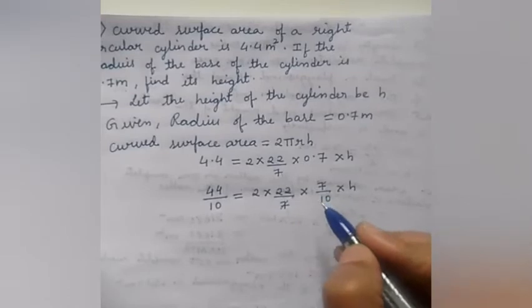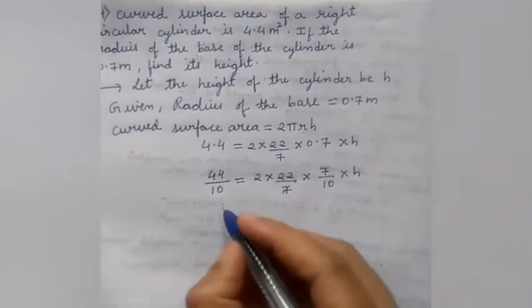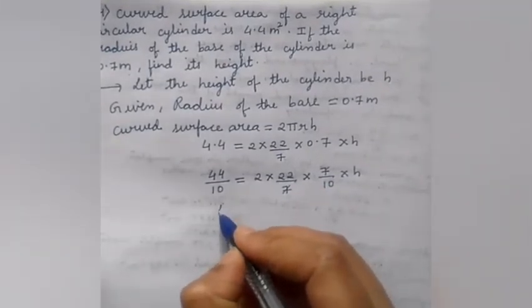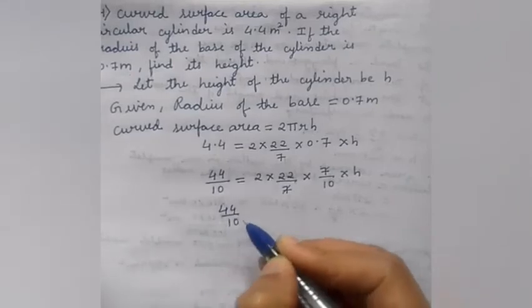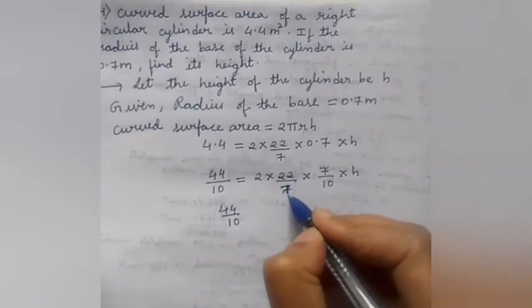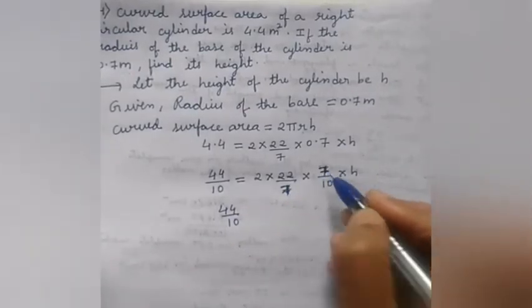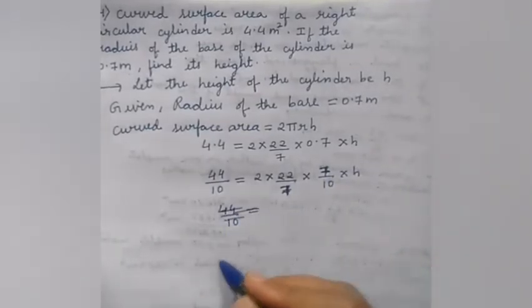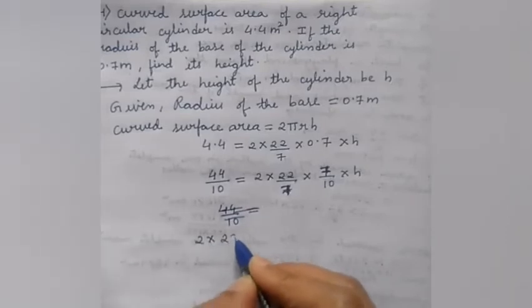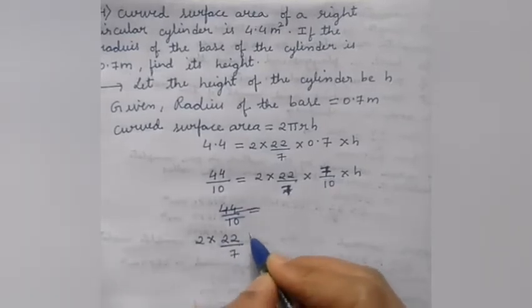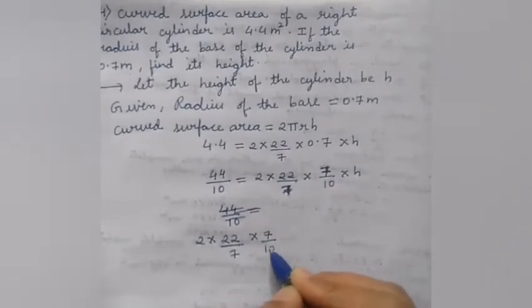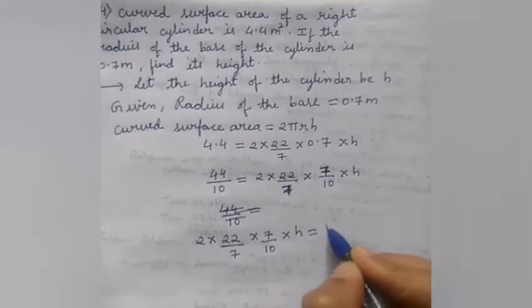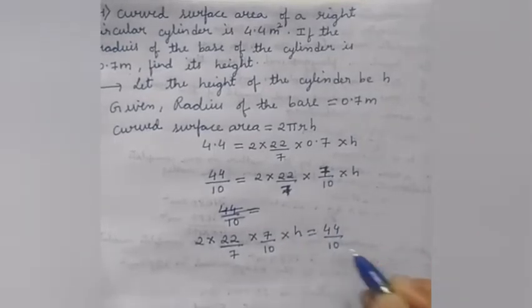Now 7 gets cancelled, or we will cancel this in the next step. Let this be as it is, 2 into 22 divided by 7 into 7 divided by 10 into h is equal to 44 divided by 10.